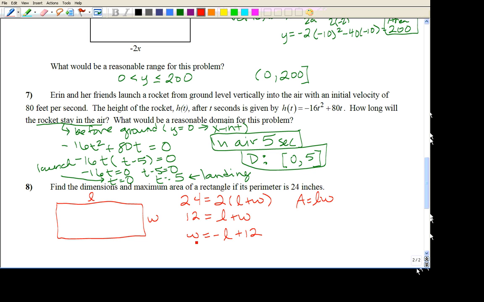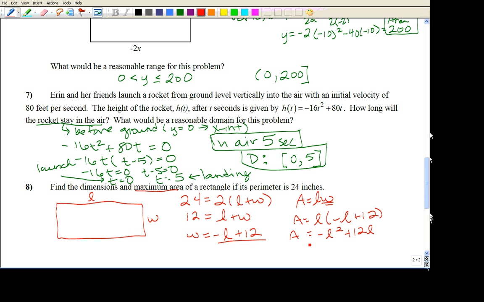So if I plug w in, this negative L plus 12, in for w, if I substitute that in, I will get the area is equal to L times negative L plus 12, which is equal to negative L squared plus 12L. So there's our area. We're looking for the maximum area.